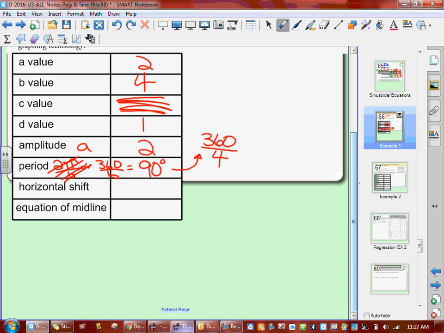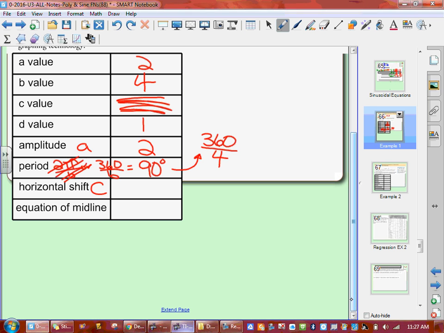Now, horizontal shift is the C value. So these go in order. Amplitude is A. Period is not the B. You use the B to help you find it. Horizontal shift is C. Well, we don't have one, so we don't have a C. And then equation of our midline, that's our D value.